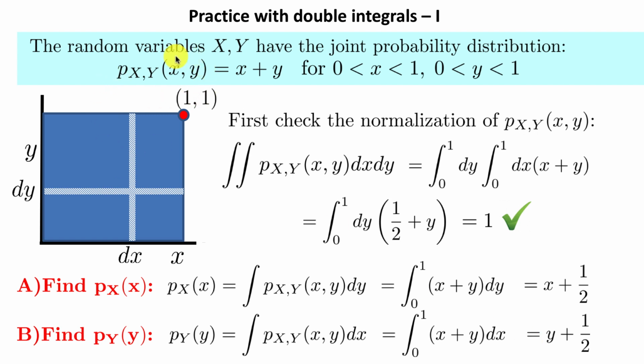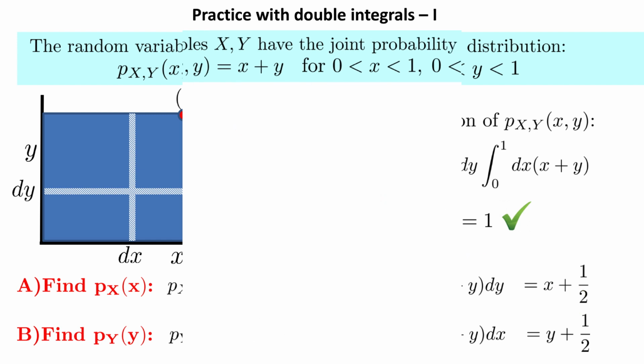Now notice over here that p of xy is not equal to x plus a half into y plus a half. In other words, this joint probability distribution, x plus y, is not equal to a product of something which is only a function of x times something which is only a function of y.